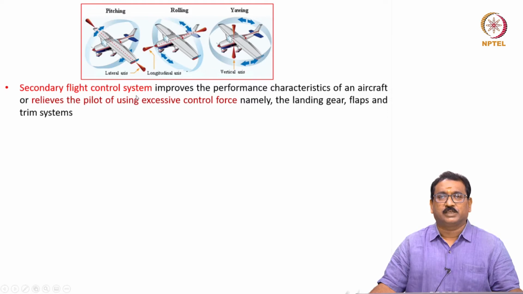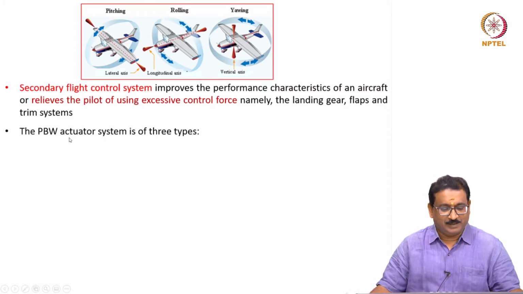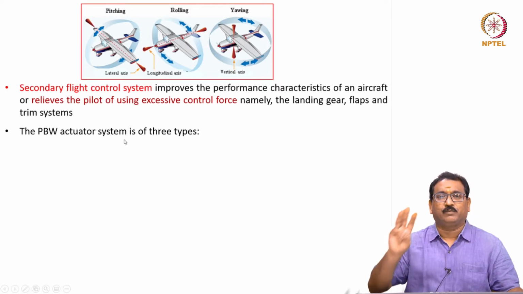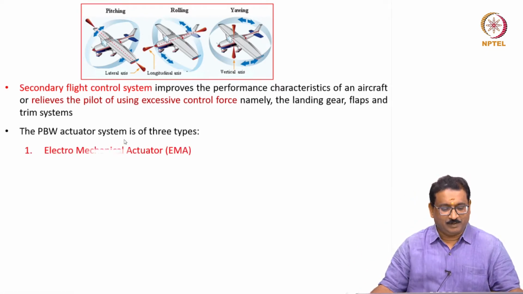The secondary flight control system improves the performance characteristics of an aircraft or relieves the pilot of using excessive control forces, namely the landing gear, flaps and trim systems. The PBW actuation system is of three types.